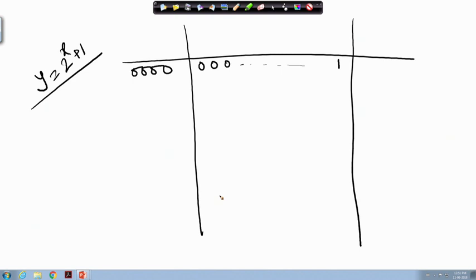Okay. This is 2 to the power x. Then I want to add plus 1. So, this is now modified, and the rest of the bits will be 0.